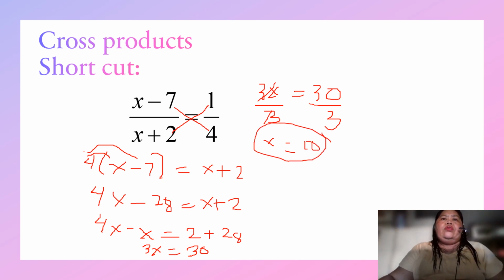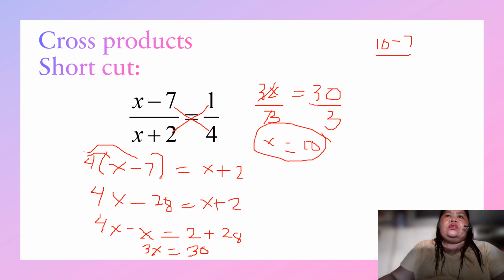Okay, now how do you know the answer is correct? You can go back to the original equation. Say 10 minus 7 over 10 plus 2 is equal to 1/4. 10 minus 7 is 3 over 12.